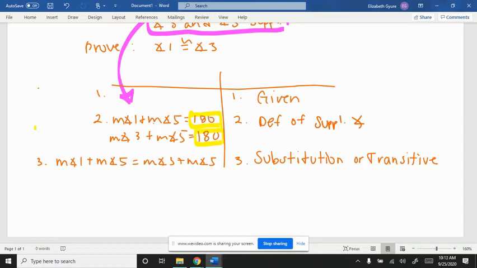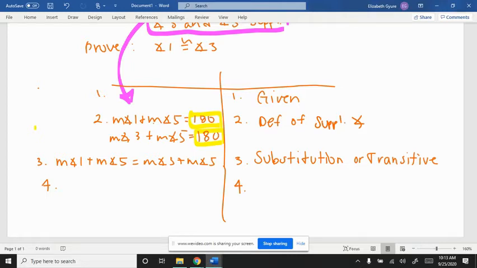Okay, good. And then step 4. What does it say for step 4? So now step 4 is something that if you're writing your own proof, I find this step to be a little redundant. I think I mentioned this to you guys that if I'm writing a proof, if it's the exact same number, I don't make you guys do the reflexive property, okay?